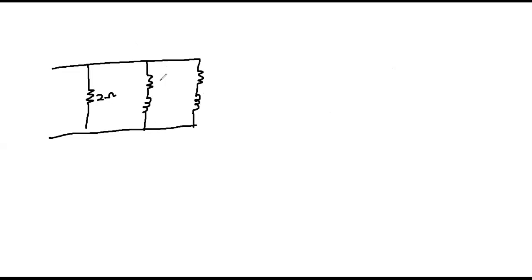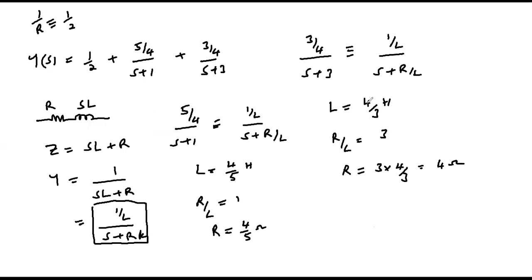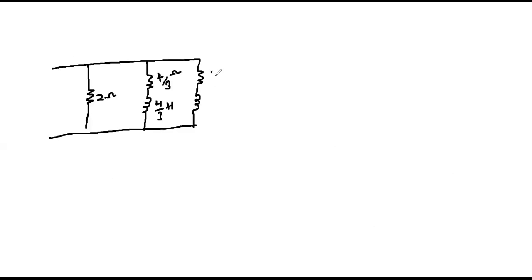In the first one, the values are 4/5 ohms and 4/5 Henry. Then in the other one, our inductance is 4/3 Henry, but resistance is 4 ohms. And this is our Foster parallel implementation of the one-port RL network.